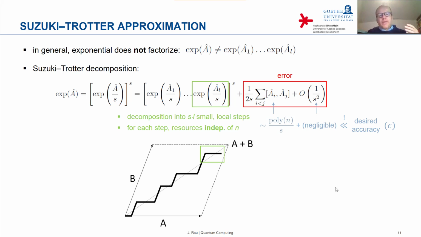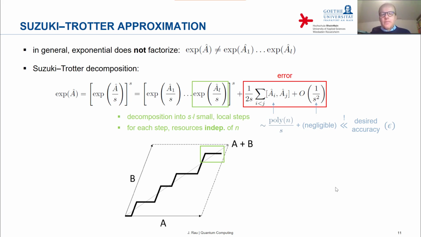Now remember, the motivation for investigating the error was to find out how finely we have to divide the unitary transformation, so how large we have to choose s.